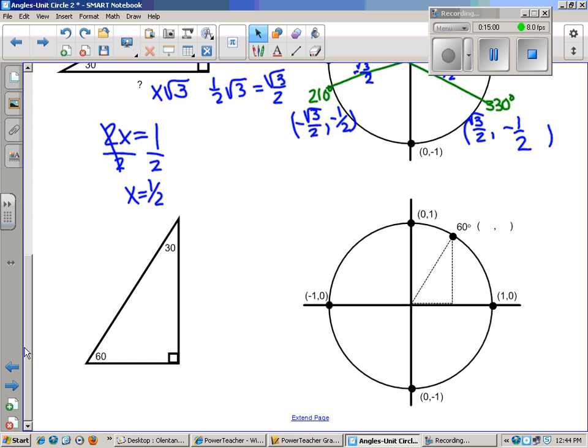Now you guys, this one should follow the same rules, right? What's the hypotenuse? 1, right? Because it's the distance away. It's 1 unit in the unit circle. So this is still 2x. This is still x. This is still x radical 3. And from up there, we know that x is 1/2. So this is going to be 1/2, and this is going to be square root of 3 over 2, right?